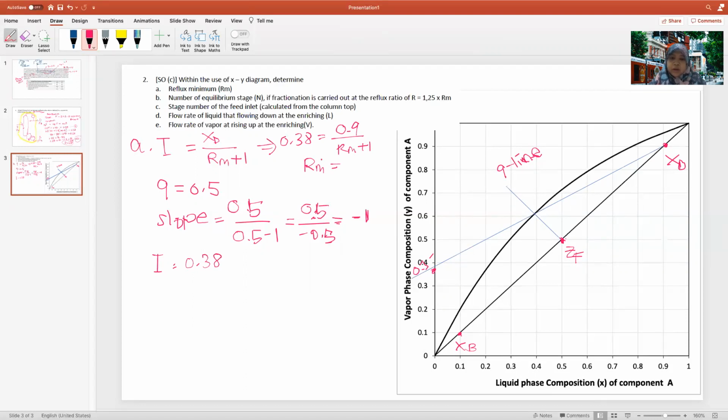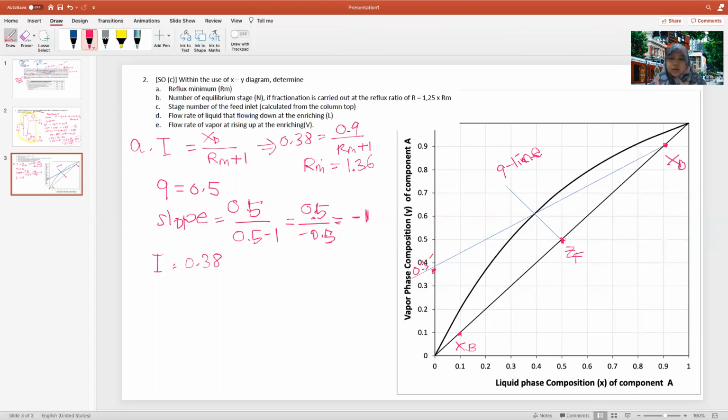So I'm calculating that Rm plus 1 becomes 0.9 divided by 0.38. It becomes 2.36. So my Rm now is 1.36.